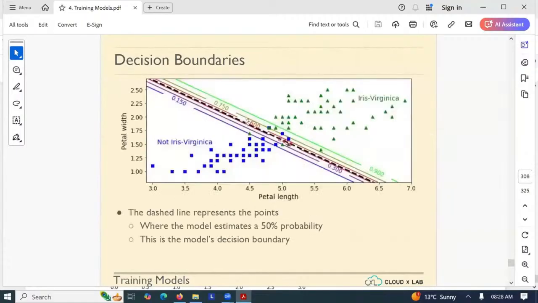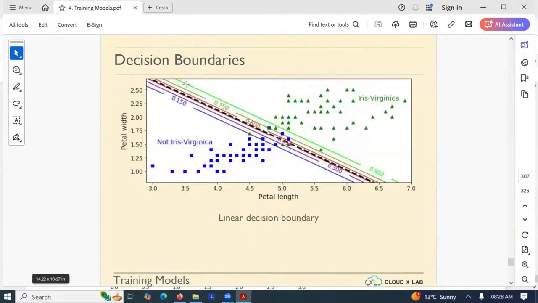Let's say this is one classifier, and we are using this classifier to classify two classes, right? Let's say these triangles show one class, and these rectangles show another class. So we have here two classes, a green class and a blue class, right? And this dotted line here is the decision boundary. Using this boundary, we are deciding classes, right?